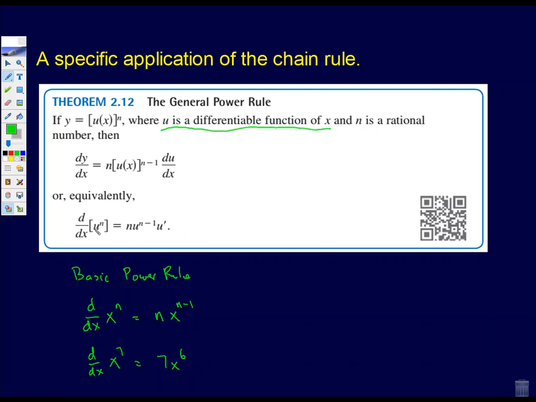Okay, so it's understood that u is a function of x itself. And so now the chain rule application is I apply the power rule as usual. n comes down as a coefficient. The power decreases by 1. But then the chain rule states we must find the derivative of that inner expression and multiply it afterwards.